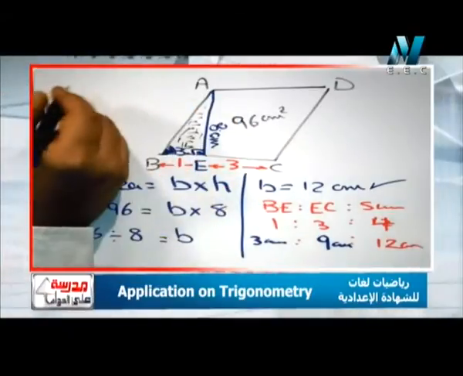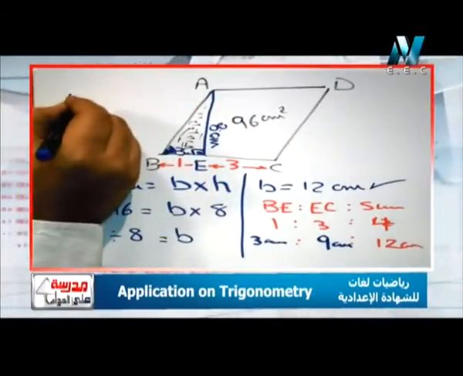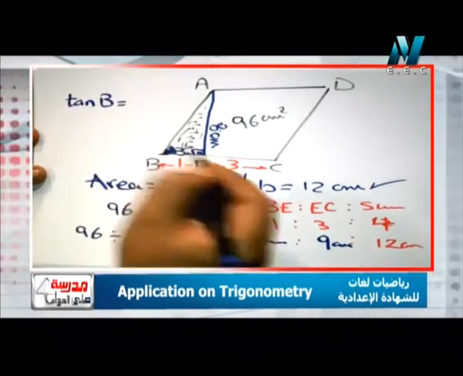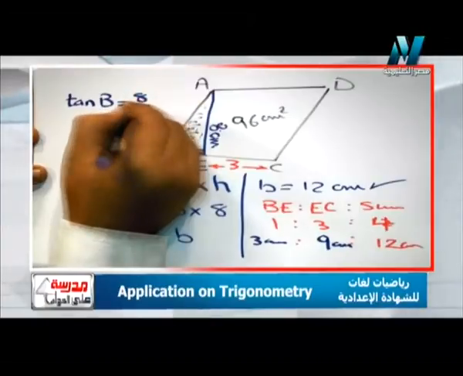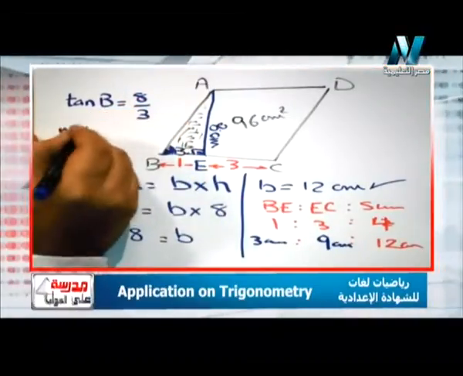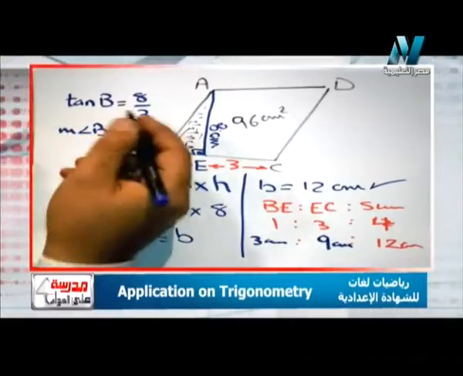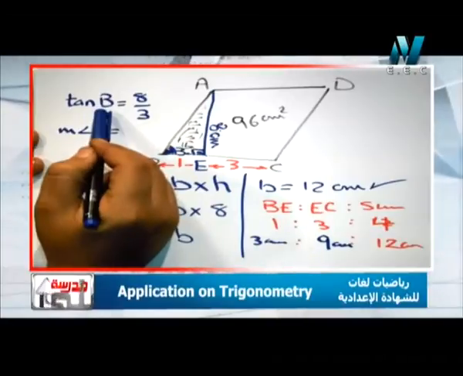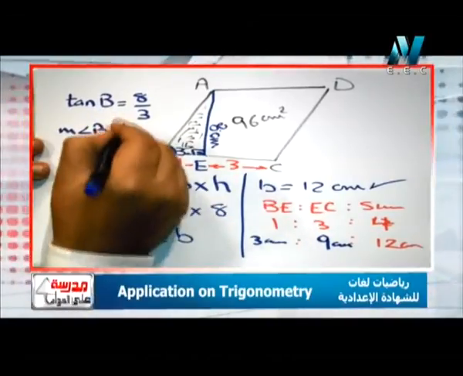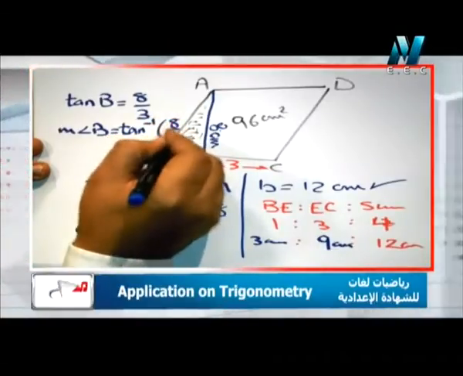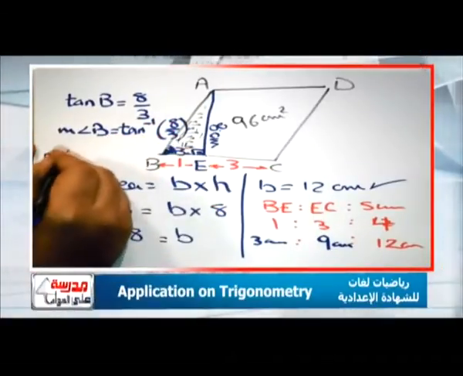So tan of angle B equals the opposite, which is 8, over the adjacent, which is 3. So measure of angle B equals the inverse of tan of 8 over 3. I'm going to search on my calculator by pressing inverse of tan for 8 over 3. So measure of angle B equals.